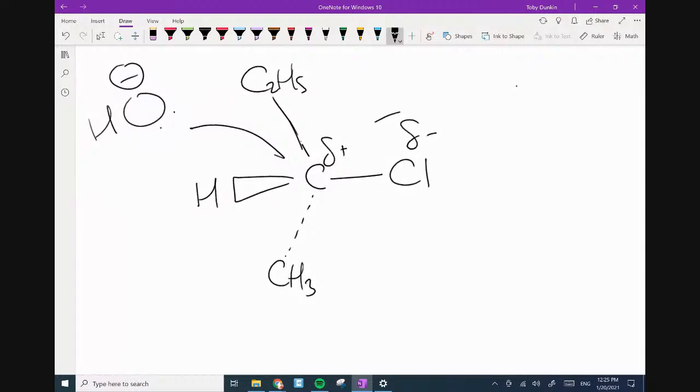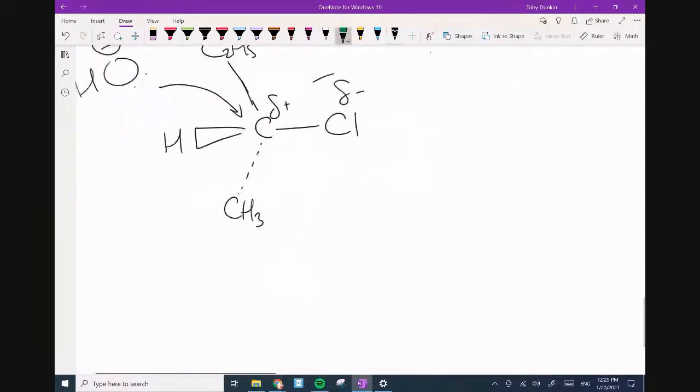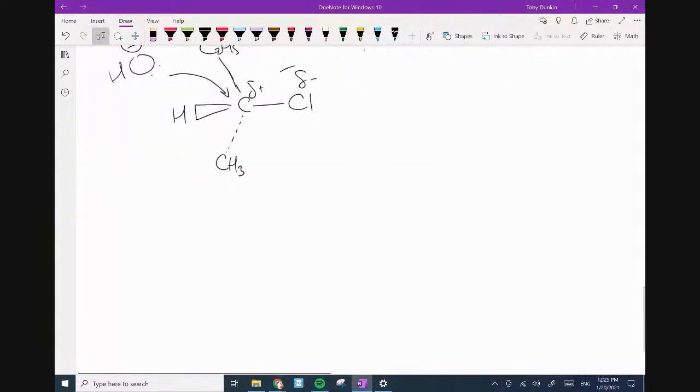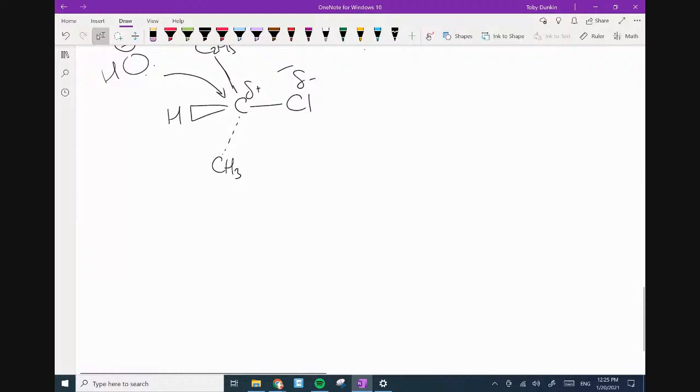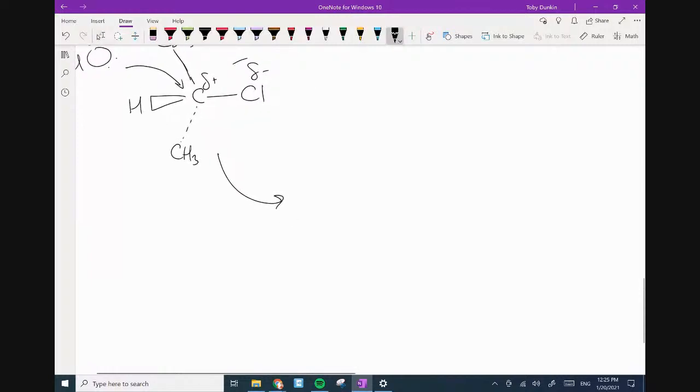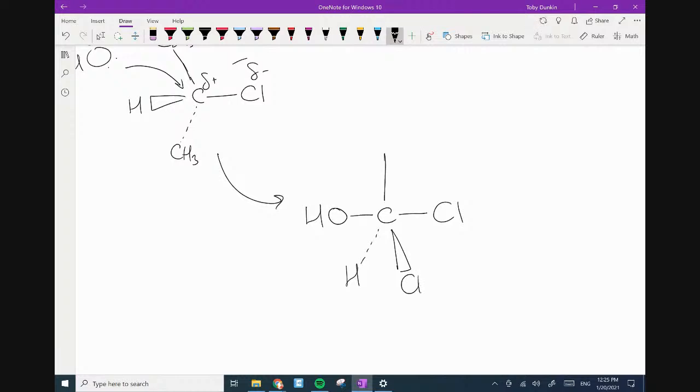I can actually show you this, because there's an intermediate. During that attack, this is the intermediate you're going to form: a trigonal bipyramidal transition structure.